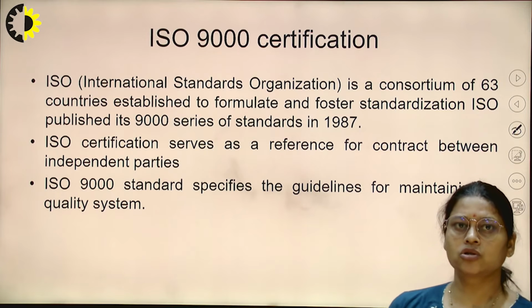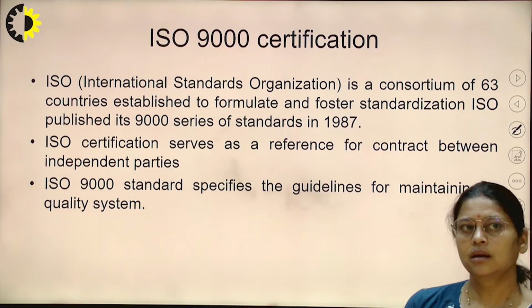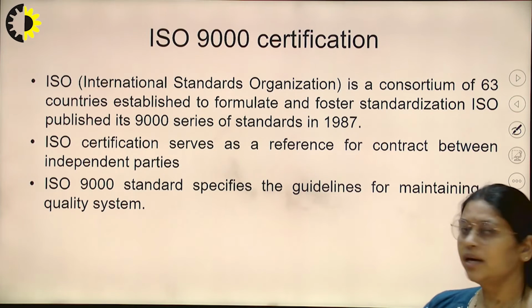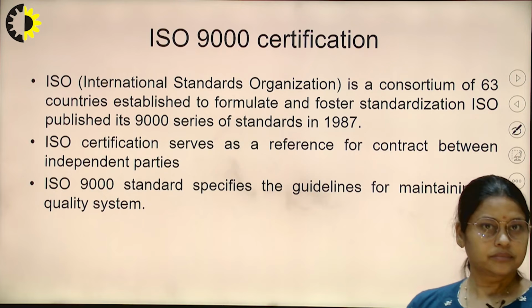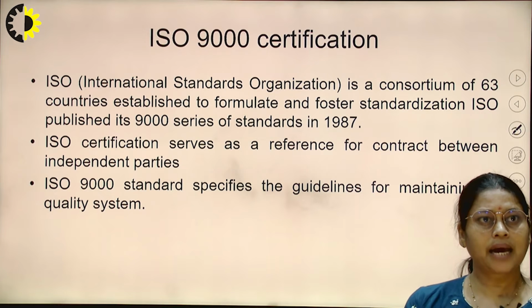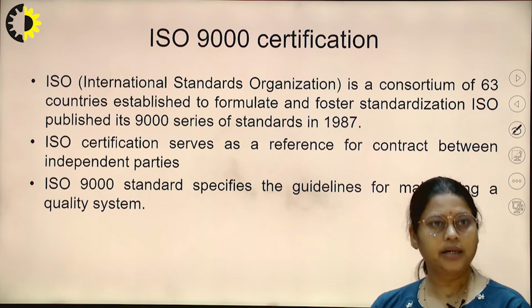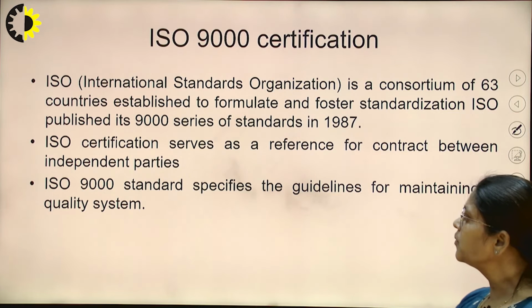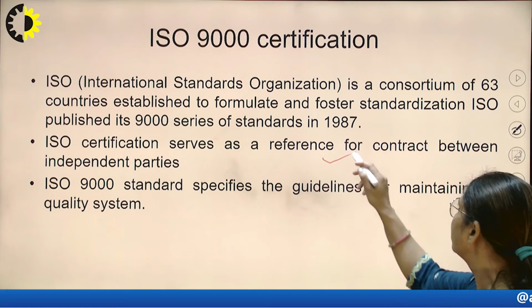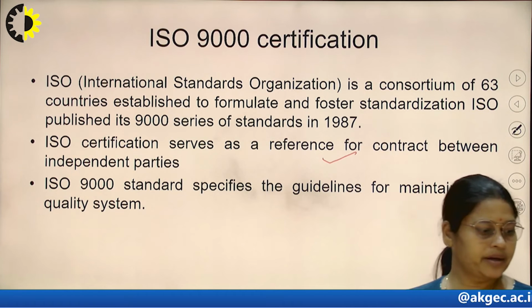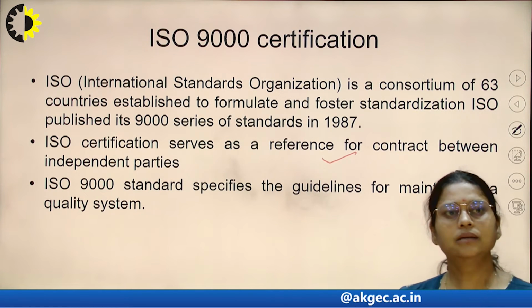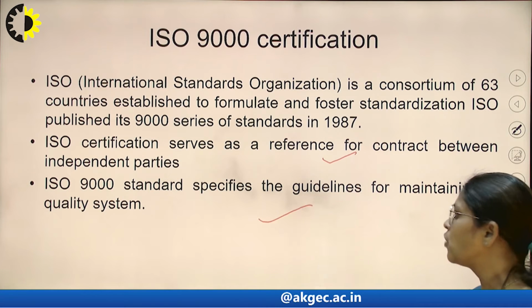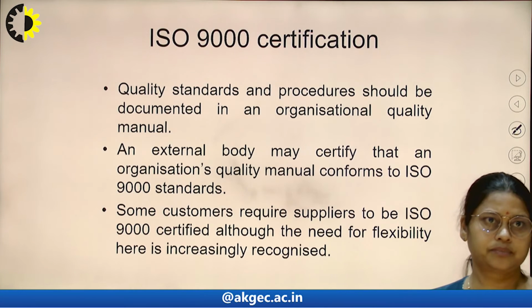It is a consortium of 63 countries that is established to formulate standards for organizations, and ISO published the 9000 series of standards in 1987. ISO certifications serve as a reference for contracts between two independent parties. ISO 9000 standards specify the guidelines for maintenance of the quality system.